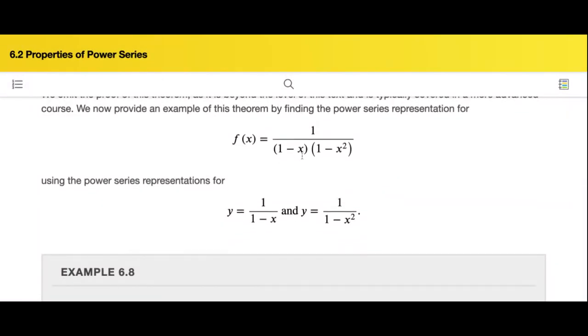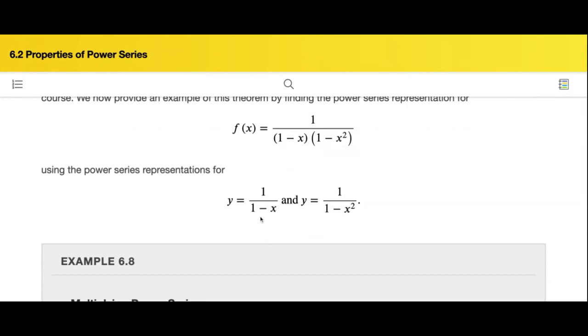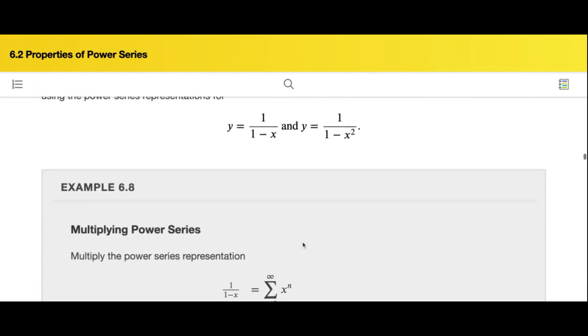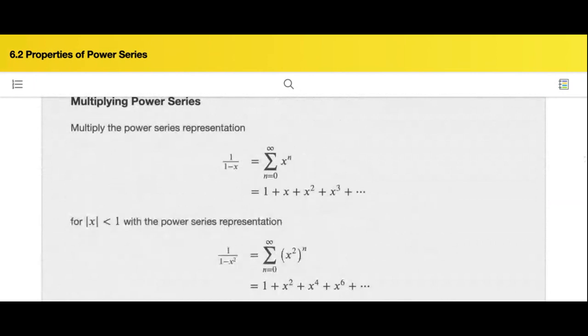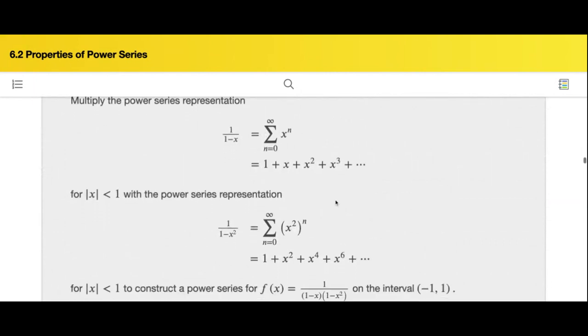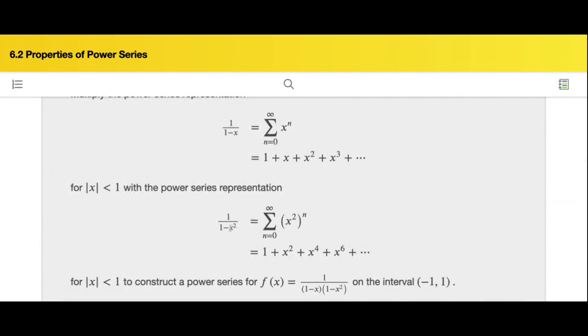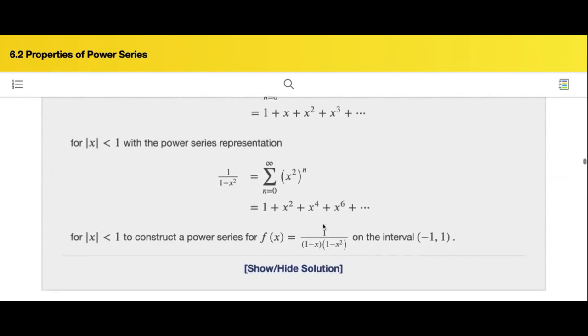We now provide an example of this theorem by finding the power series representation for 1 over (1 minus x)(1 minus x squared). We see two geometric series: 1 over 1 minus x, which is this infinite power series, and 1 over 1 minus x squared, where the ratio is just x squared, so we have x raised to 2n.